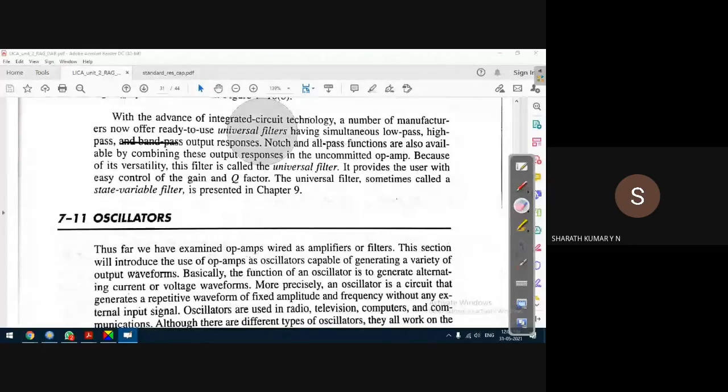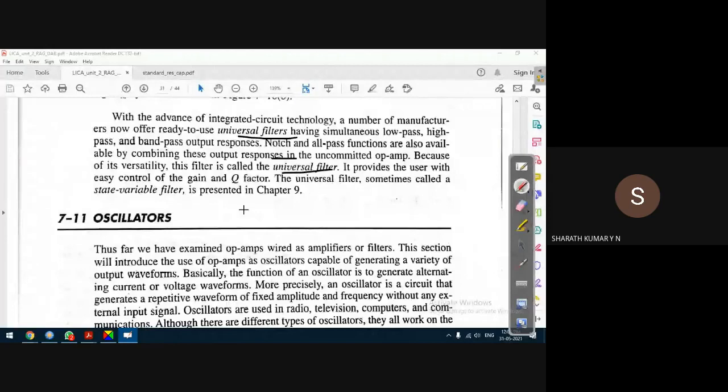So the advantage of integrated circuits is that a number of manufacturers now offer them ready to use. That means filters are available as integrated circuits: high pass, band pass, notch and all pass, combining these output responses in the uncommitted op-amp. Because of its versatility, the filter is also called a universal filter.